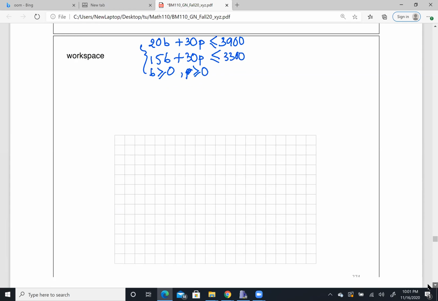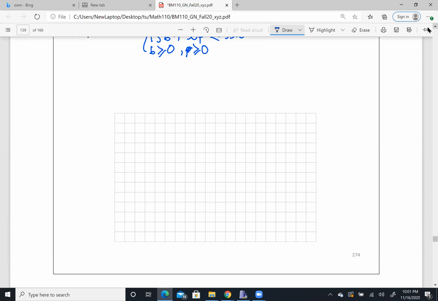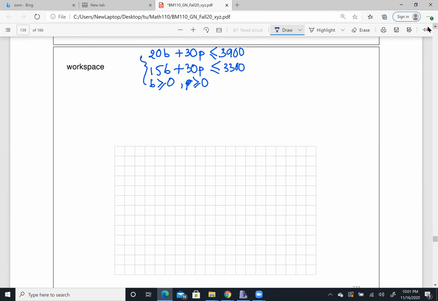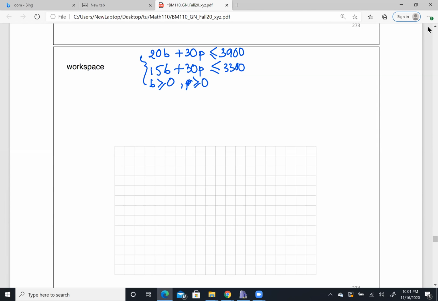We will need to draw a rectangular first.